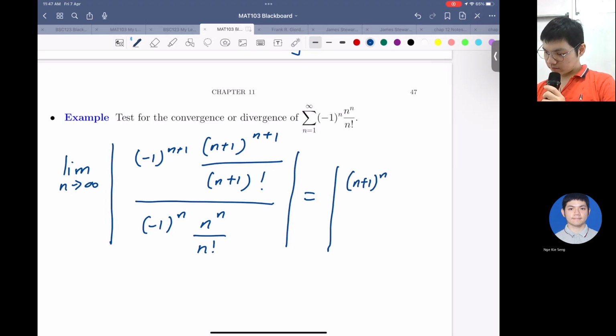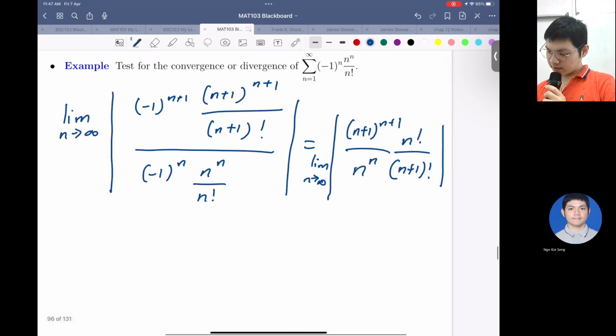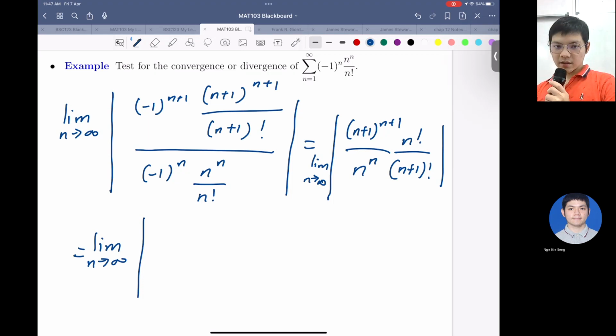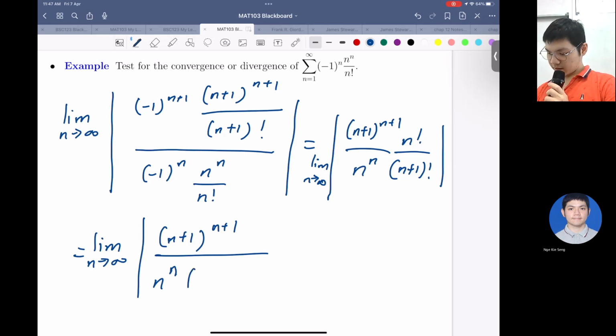So you rearrange nicely, and what do you get? You will get n+1 over n to the power n, and then n+1.